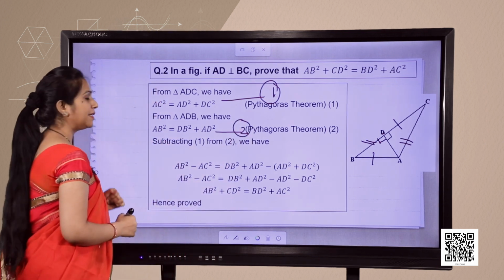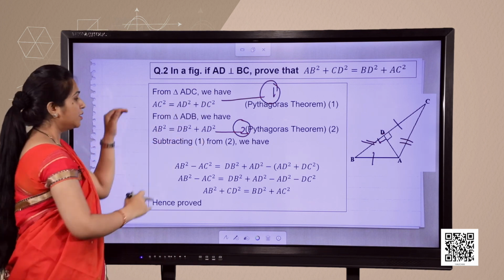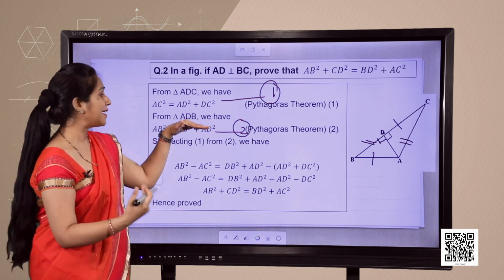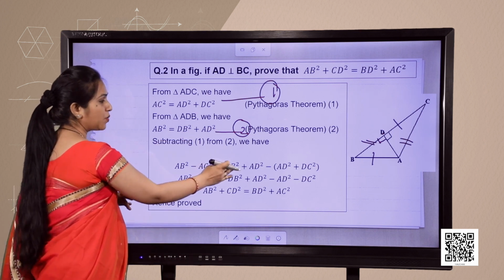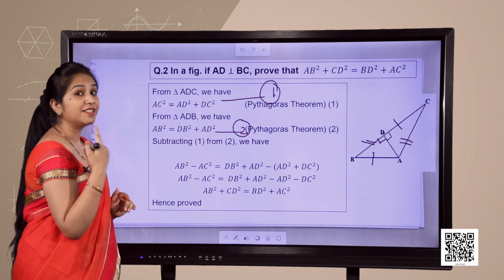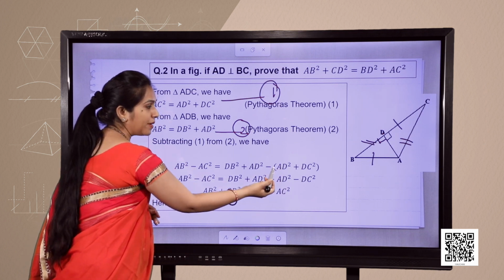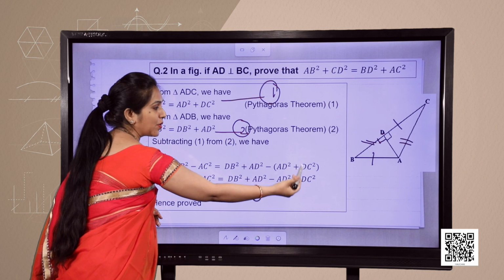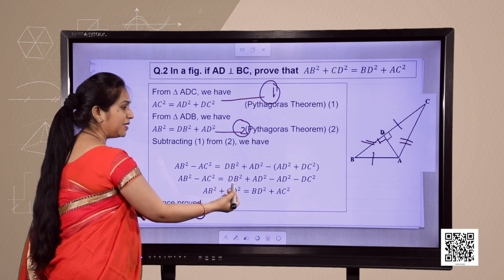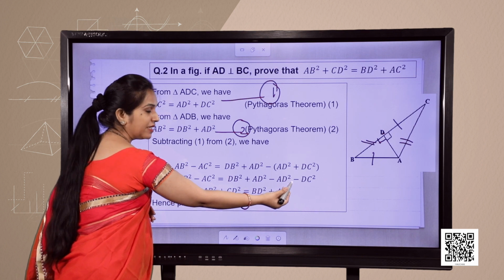Now what we have to do in the next step, we are going to subtract equation number 1 from equation number 2, right. So we will have AB square minus AC square is equal to, carefully subtract the right side as well, you have DB square plus AD square minus, and when you are subtracting, remember you have to change the sign of the whole bracket. So when you write this, and in the next step when you open the bracket, the sign of AD square and DC square get changed. So now this becomes negative AD square and this is also negative DC square.